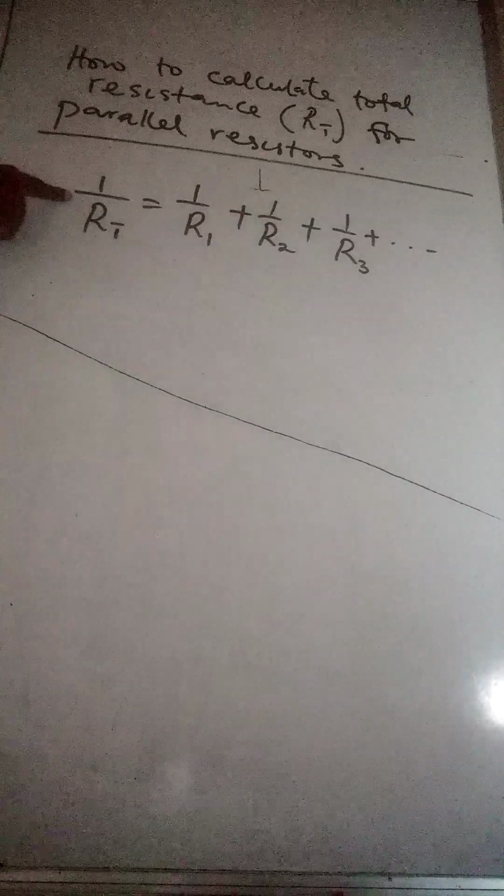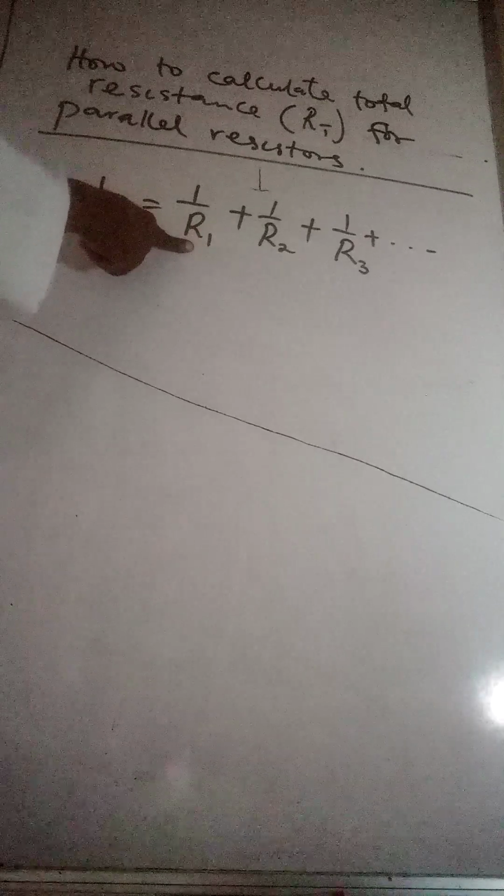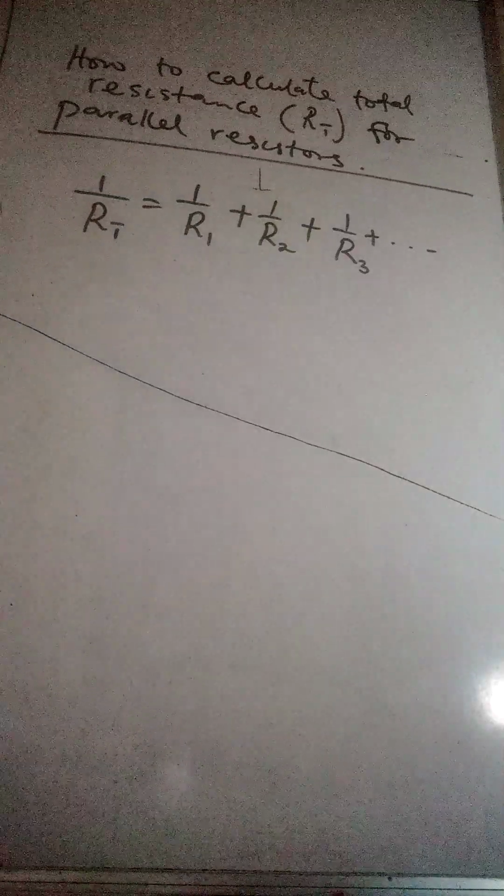So this is the formula. 1 over total resistance that we are looking for equals 1 over resistance in resistor 1 plus 1 over resistance in resistor 2 plus 1 over resistance in resistor 3 plus, if there are many more, we continue to add them. But don't forget that after you have added them together, you need to make the RT the subject because it's not yet in the right form.